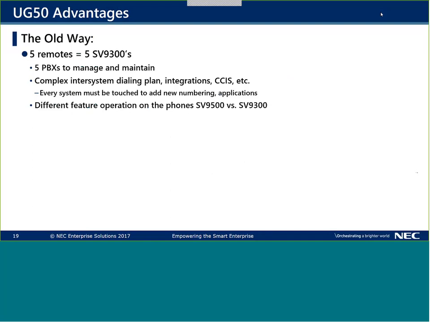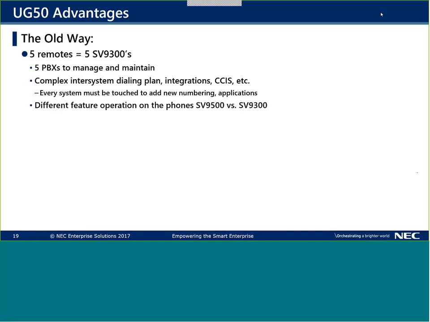We also have to create a potentially complicated inter-system dialing plan, maybe using our CCIS technology. We have to integrate all of the applications from those sites. And really, just to do simple numbering additions, we may have to touch every system in the network. So having multiple PBXs in a network, generally speaking, means more work forever. And that's what we're trying to fix here.